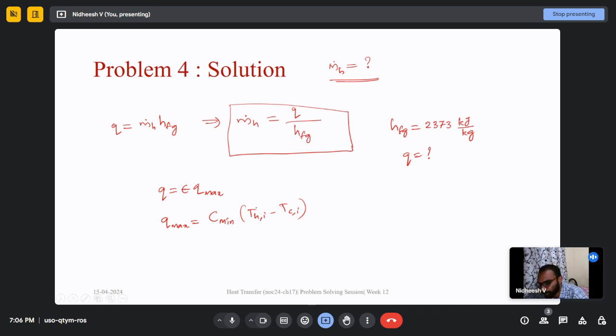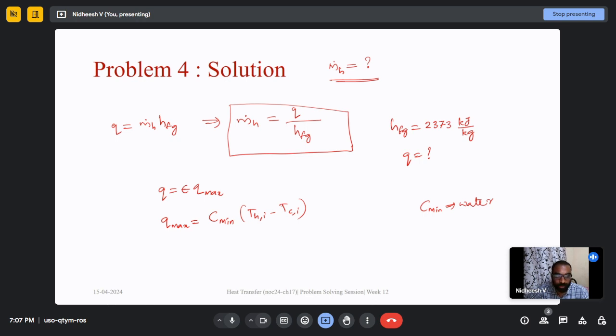Now what is this C min? That is the minimum heat capacity of either the hot fluid or cold fluid. But in this case we can see that the minimum heat capacity, that is C min, will correspond to water, because the steam is undergoing a phase change, and so the heat capacity associated with phase change is large.